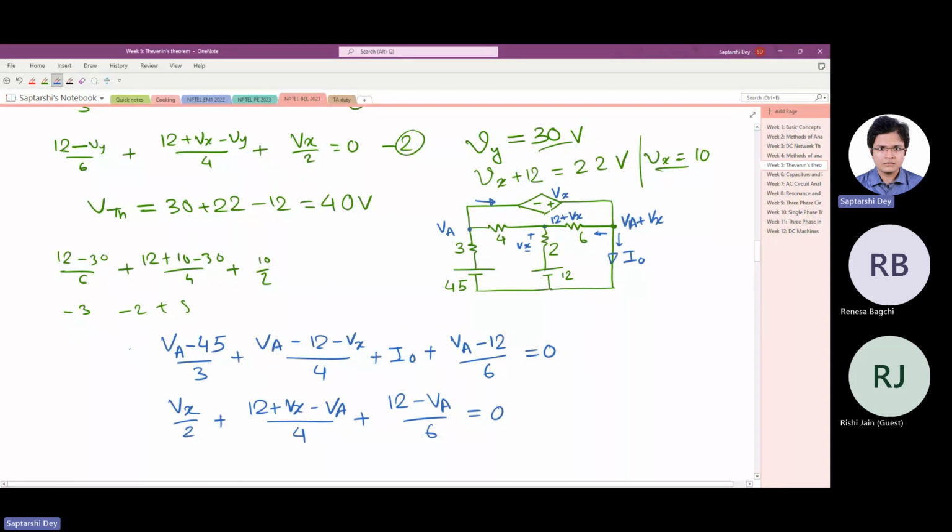Two equations we have, but we have three unknowns, VA, Vx, and I naught. So we have to find out another equation.